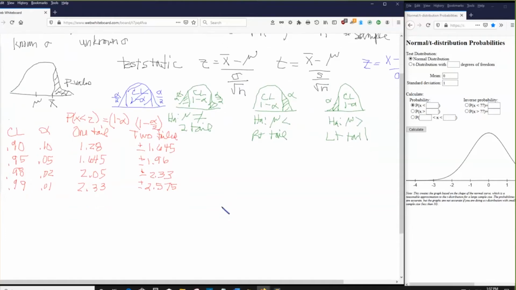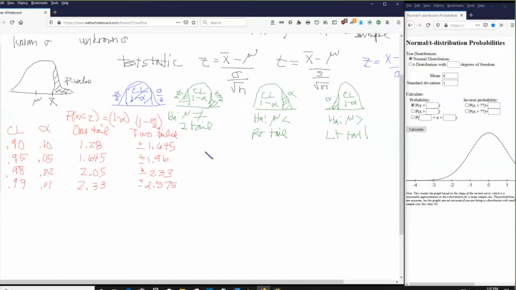So let's do some examples so you can see what these look like. Let's say I have a left-tailed test. Let's say my null hypothesis is that the mean is less than or equal to 0.43.